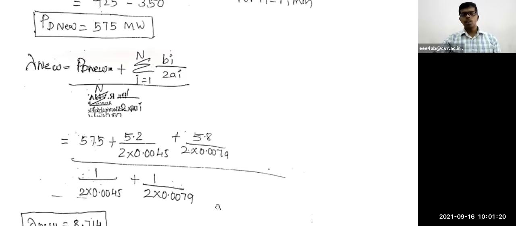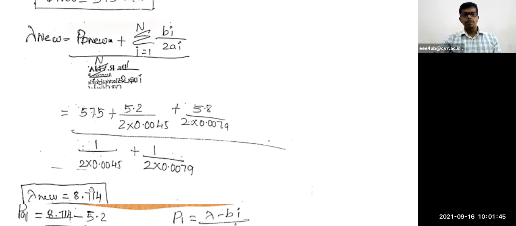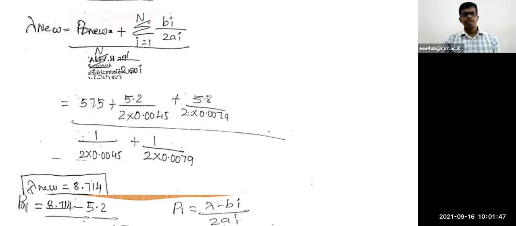That value alone you can easily substitute, taking care to substitute correctly for the first and third generating units. That's why I said once you mark A1, B1, C1, A2, B2, B3 in the problem, after substitution you can find the lambda new. What is the value of lambda new? We are getting 8.714.